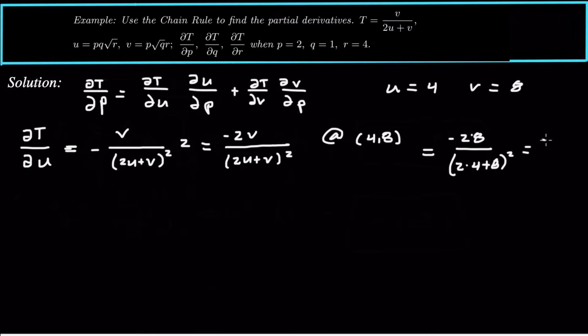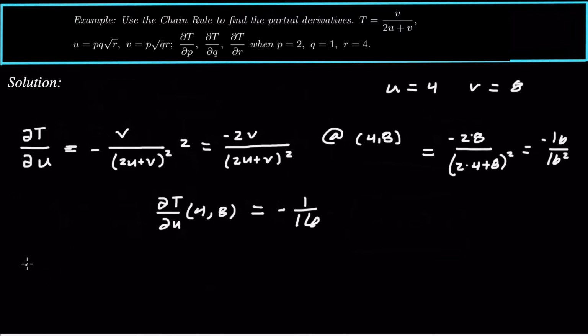So this is negative 16 over 16 squared. So partial t, partial u, evaluated at u equals 4, v equals 8, which is equivalent to evaluating at p equals 2, q equals 1, r equals 4, is negative 1 over 16. So let's keep that in mind.